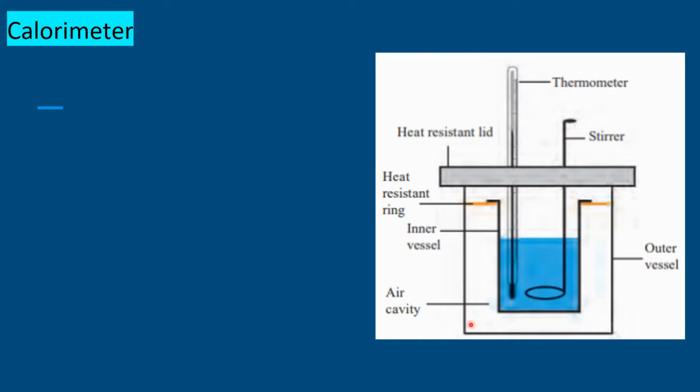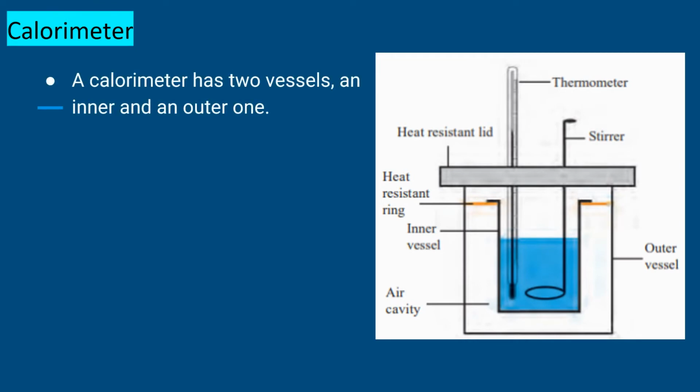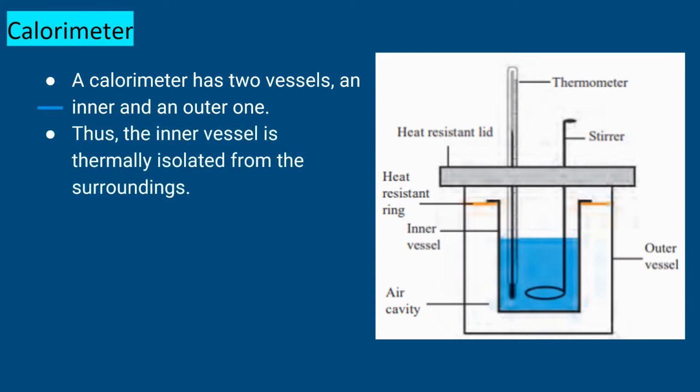If you can see, there is an outer vessel and there is an inner vessel, and because of the presence of two vessels, no heat can transfer from outside to inside or inside to outside, since there is very little air present over here, and they are connected using a heat resistant ring. So hardly any heat can pass inside or outside of a calorimeter. So it is thermally isolated.